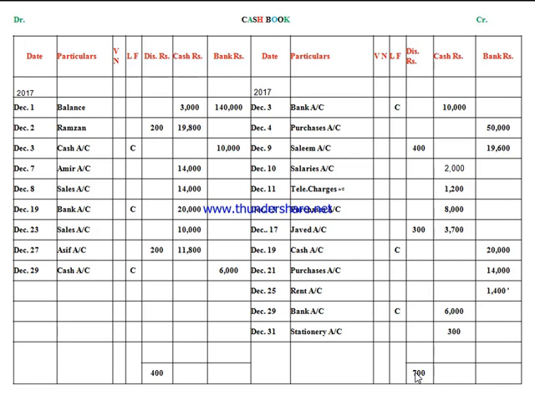The next step is to get the total of the cash column on the debit side, on the receipt side. This total should always be greater. So just get the total of this side, and this total should be written on the debit side and also on the credit side. Similarly, we will do the total of the debit side of the bank column and the total of the bank column on the credit side.